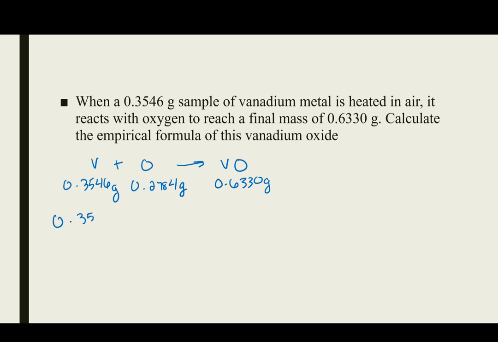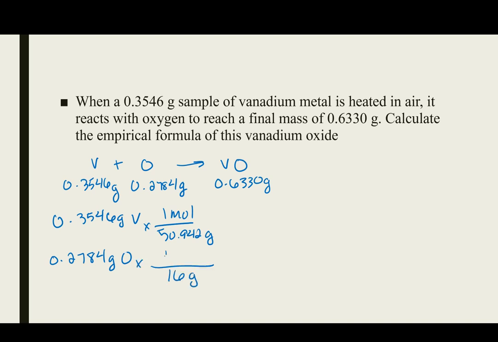So 0.3546 grams of vanadium. Vanadium has a molar mass of 50.942 grams per mole. I have 0.2784 grams of oxygen, which has a molar mass of 16 grams per mole.